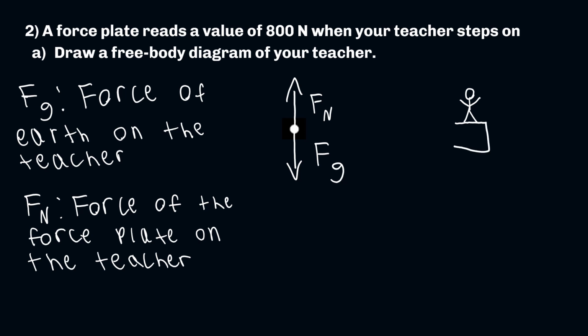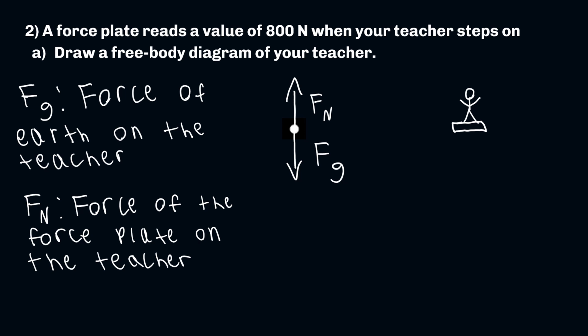Oh, that's way too big. So there we go. So I'm on the force plate. I'm not moving. So we have there the force of gravity, or the force of Earth on me, pulling me down. And then the normal force, which is the contact force, pushing me upwards to keep me in equilibrium. So it is that simple for that one. We just have those two forces.